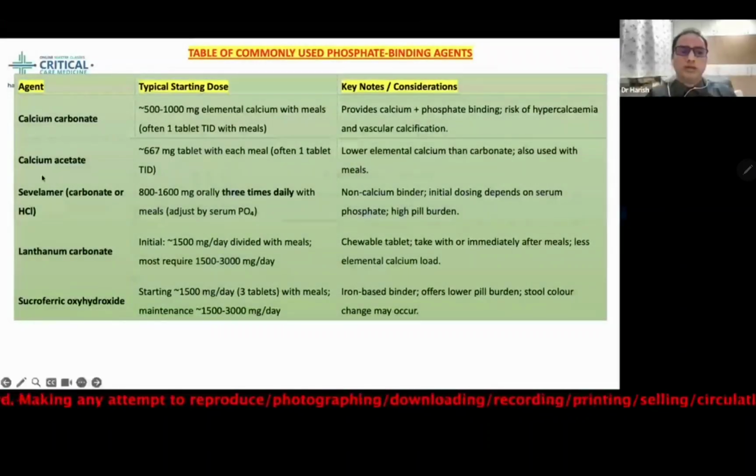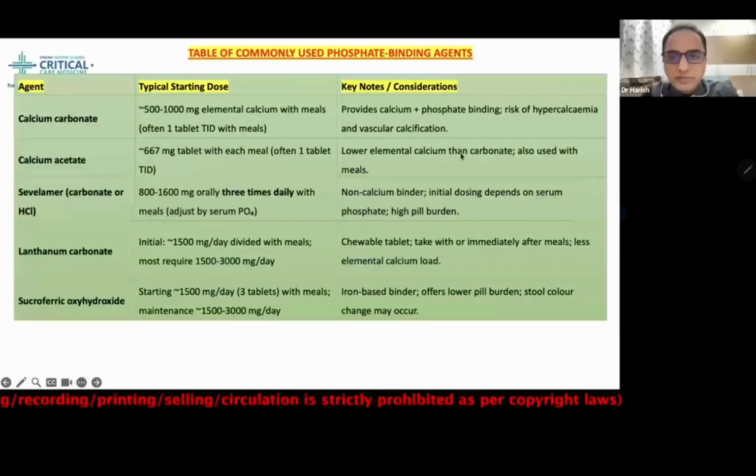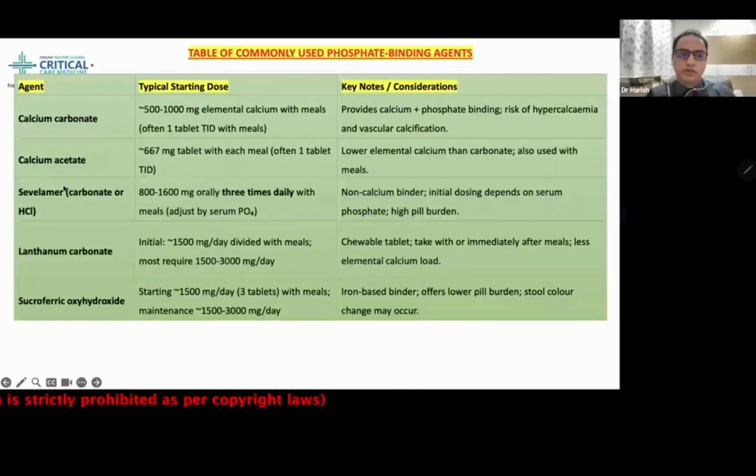Nephropathy and all. Then calcium acetate, 667 milligram tablet with each meal, often one tablet TID. It has lower elemental calcium than the carbonate, but is also used with meals. Then sevelamer hydrochloride or sevelamer carbonate.